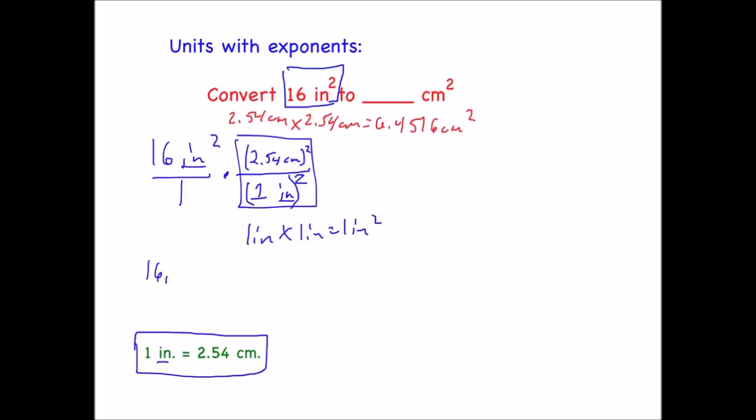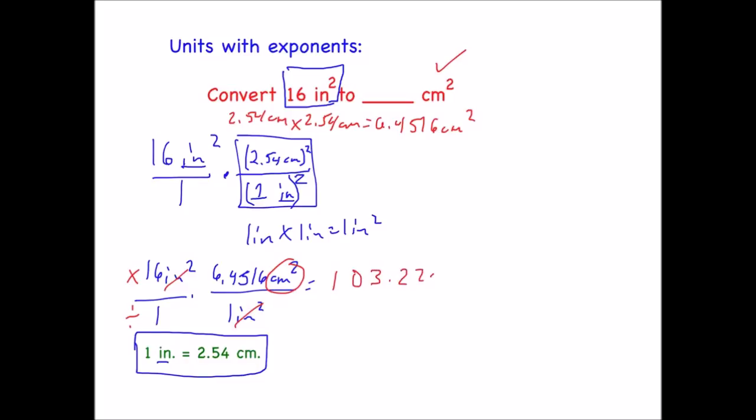We could say 16 inches squared over 1, and then we could say 1 inch squared equals 6.4516 centimeters squared on top. And inches squared cancels inches squared, and we'll be left in units of centimeters squared, which is exactly what we want up here. So we're done. We're ready to multiply across the top and divide across the bottom. And we get 103.2256 centimeters squared.